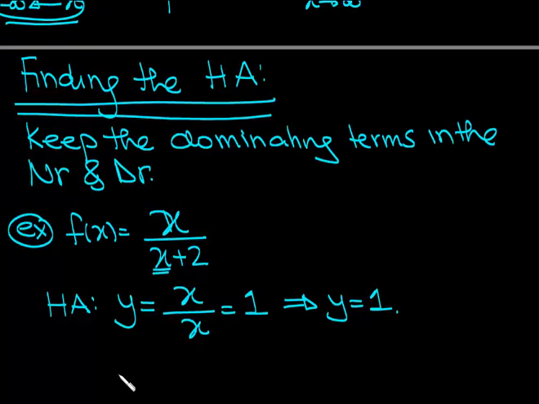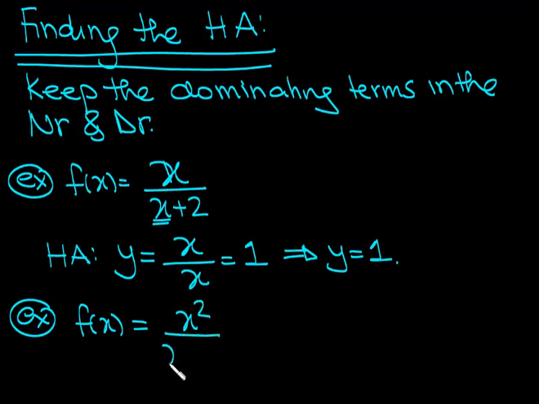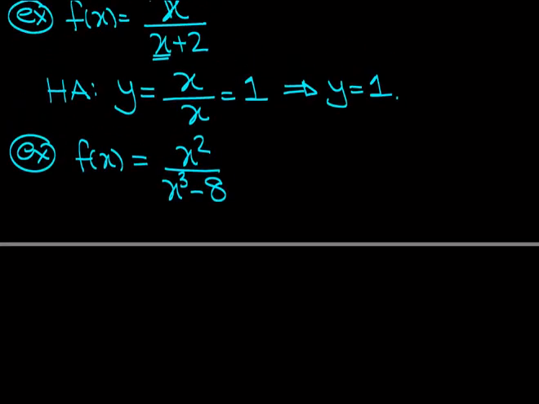Okay, here's another example. Let's say I have a function like this, I have x squared over x cubed minus 8. Okay, and I want to find the horizontal asymptote. So to find the horizontal asymptote, we keep the dominating term, so we get x squared on the top and x cubed on the bottom.